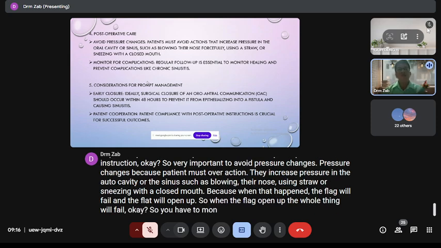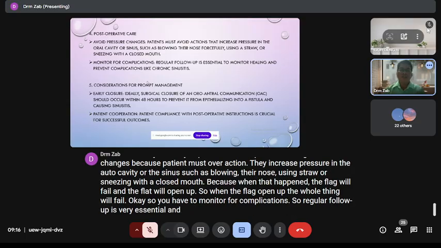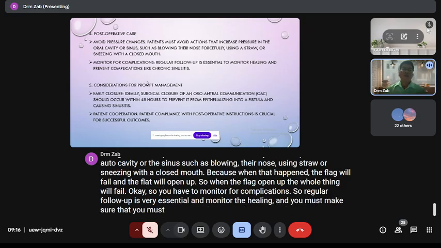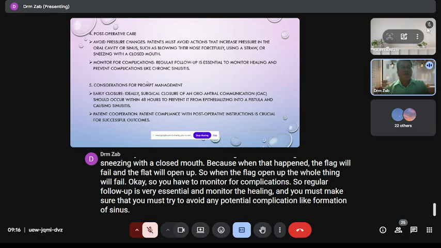So when the flap opens up, the whole thing will fail. Okay, so you have to monitor for complications. Regular follow-up is very essential. Monitor the healing, and you must try to avoid any potential complication like formation of sinusitis. And the last principle is consideration for prompt management.